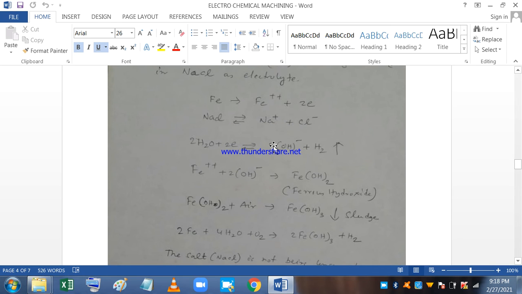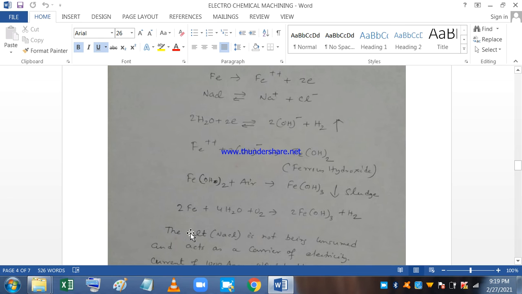H2O absorbs the 2 free electrons and becomes hydroxyl ions, and hydrogen gas is generated. The Fe++ ion combines with 2 hydroxyl ions to form ferrous hydroxide, Fe(OH)2, and then ferrous hydroxide further combines with oxygen in the air and becomes Fe(OH)3, which is deposited at the bottom of the tank as sludge.